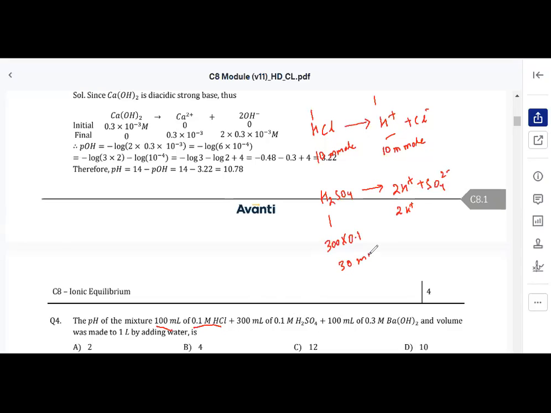So 30 millimoles of H2SO4 will give 60 millimoles of H plus. Any issues till this point? So total H plus is 10 plus 60, 70 millimoles. Okay. Now I should rub this.